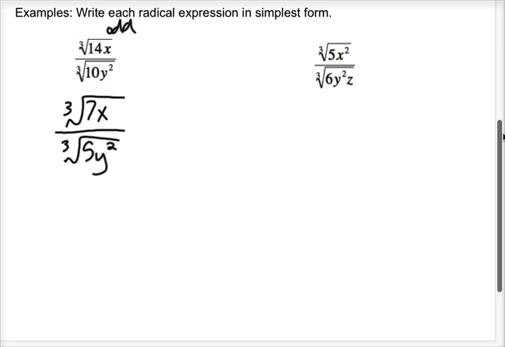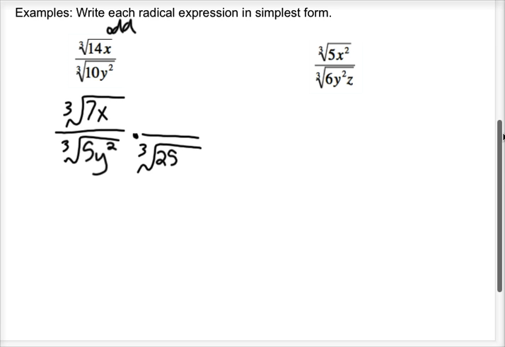Now I have to look to see what is going to make my bottom complete. All right, so we're dealing with a cubed root. So I have a 5 there. Well, to complete that, that means I need 2 more 5s. All right, so that means I need a 25 here.